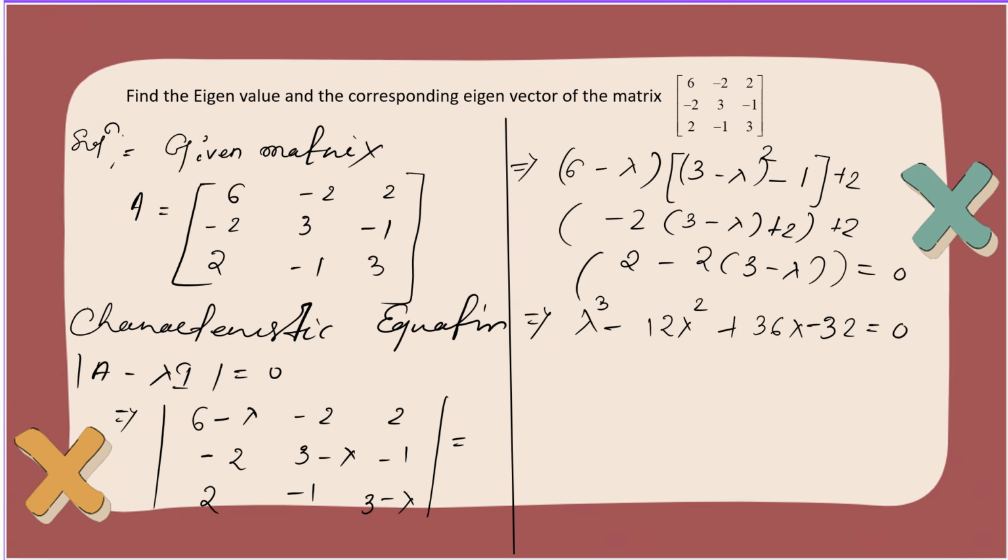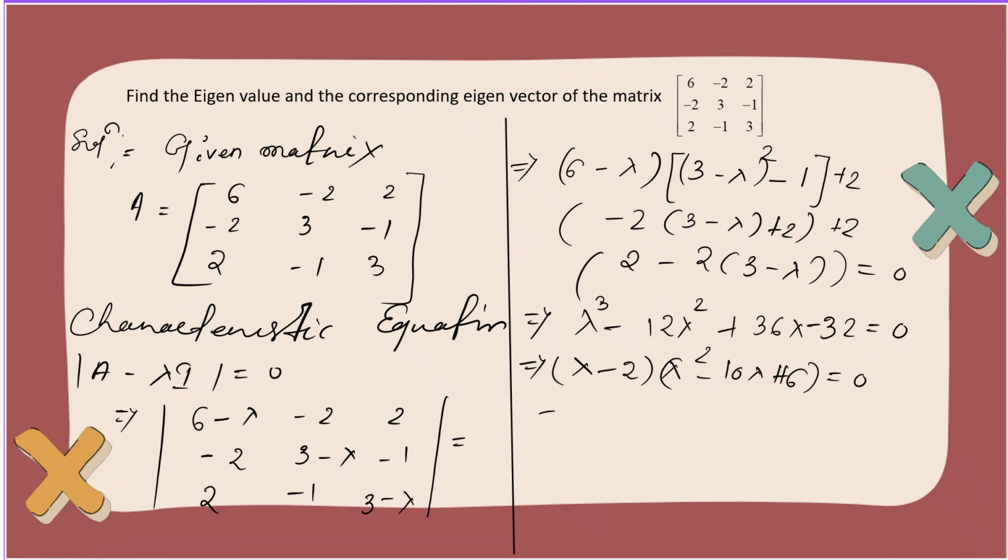Now we have to solve this. So you get one value of lambda, lambda minus 2. When you put lambda equal to 2, you get 0. So lambda minus 2 is one of the roots of this cubic equation. Now when you divide by lambda minus 2, you get lambda square minus 10 lambda plus 16 equal to 0.